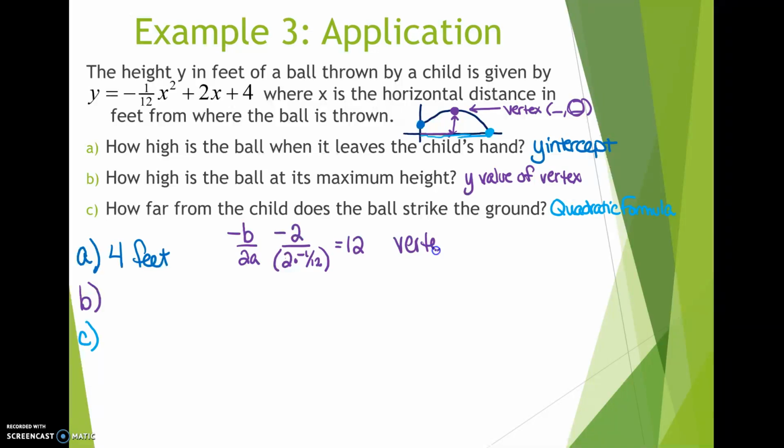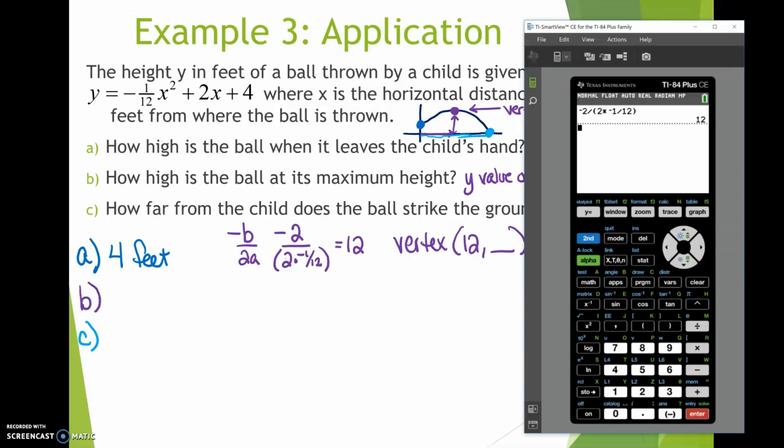So our vertex is going to be 12 comma something. How do we get the other part of the vertex? Yes, plug 12 in. Negative 1/12 times 12 squared plus 2 times 12 plus 4, 16.